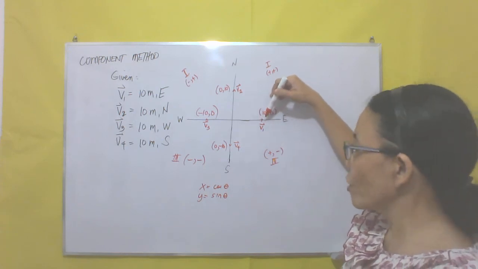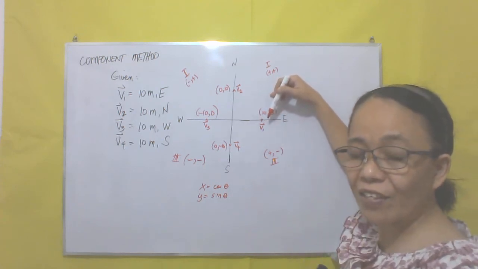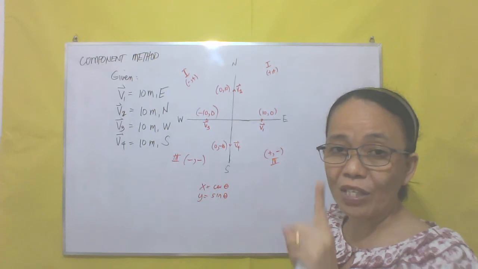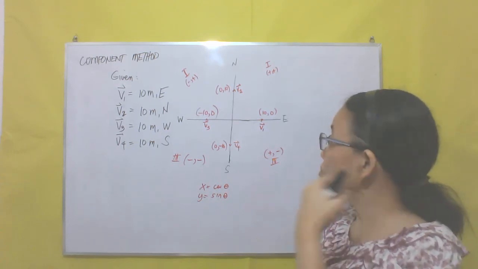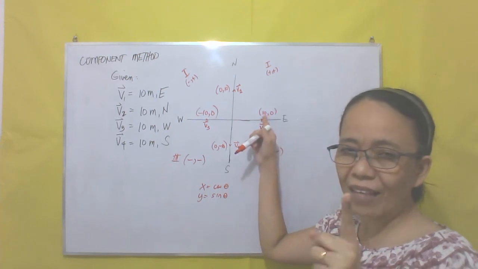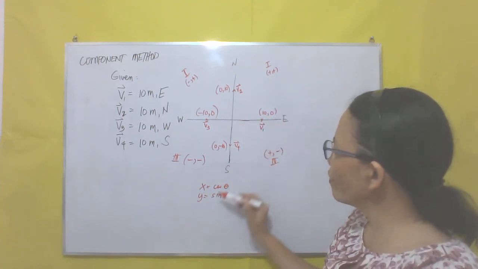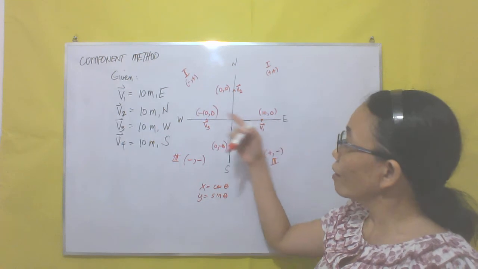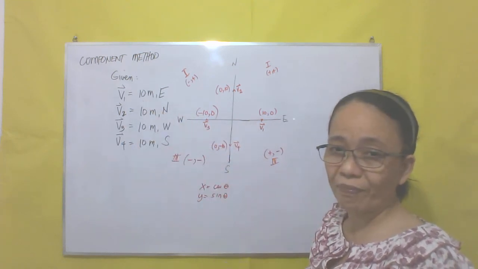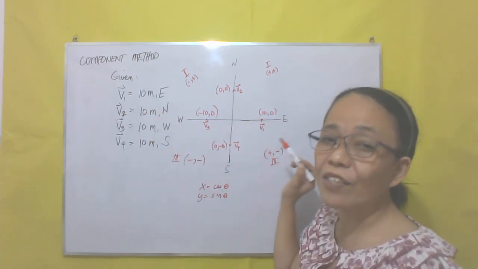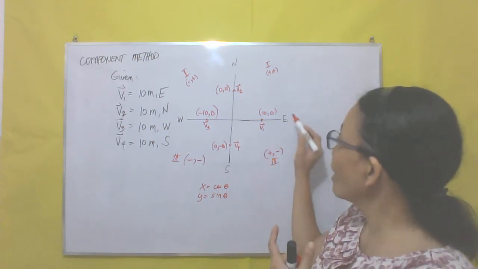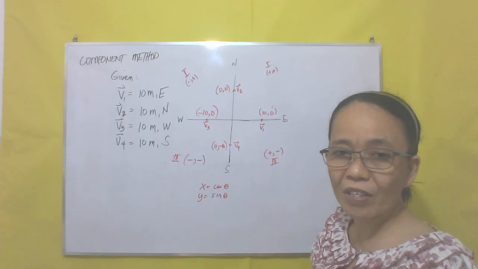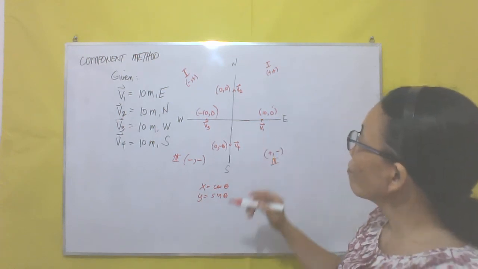Cosine 0 is 1, and 1 times 10 is 10. Next, how about sine 0 for the y component? The magnitude 10 times sine 0. Sine 0 is 0, so 0 times 10 is 0. No more question.